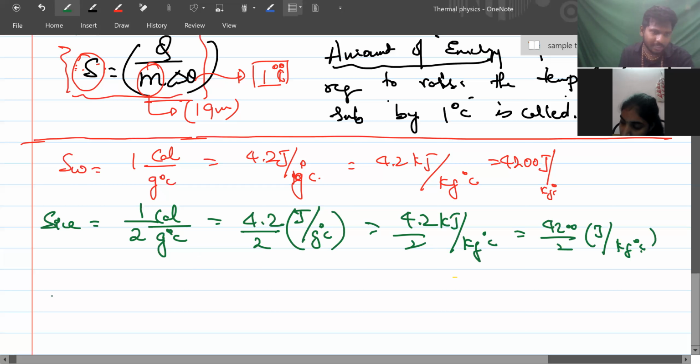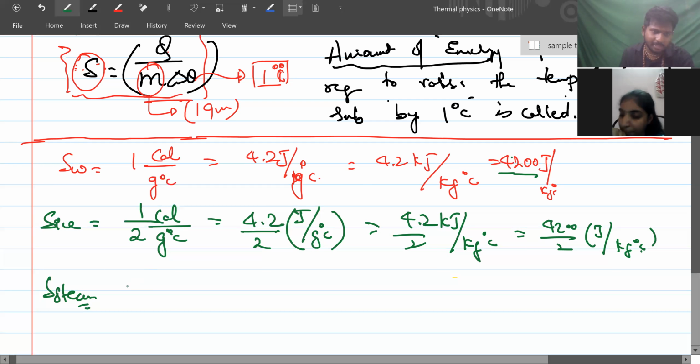Like that, the specific heat of steam. In exam directly they'll give 4186, like that they will give. I'm taking approximately 4200, but in exam if they give you 4186 joules, then you need to take that value and solve the problem. 4.186 joules, otherwise 4.186 kilojoules, like that they'll give.